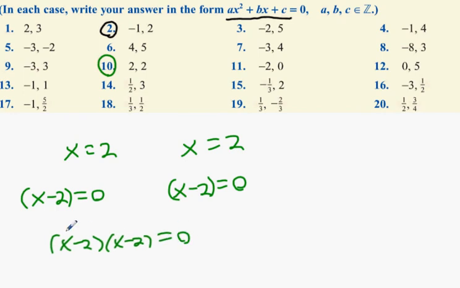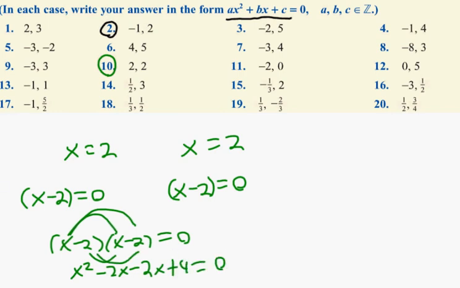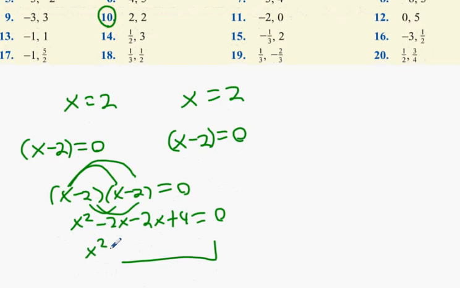Then after that, minus 2x and plus 4 equals 0. This equation is therefore x squared minus 4x plus 4 equal to 0. Have we had enough of that?